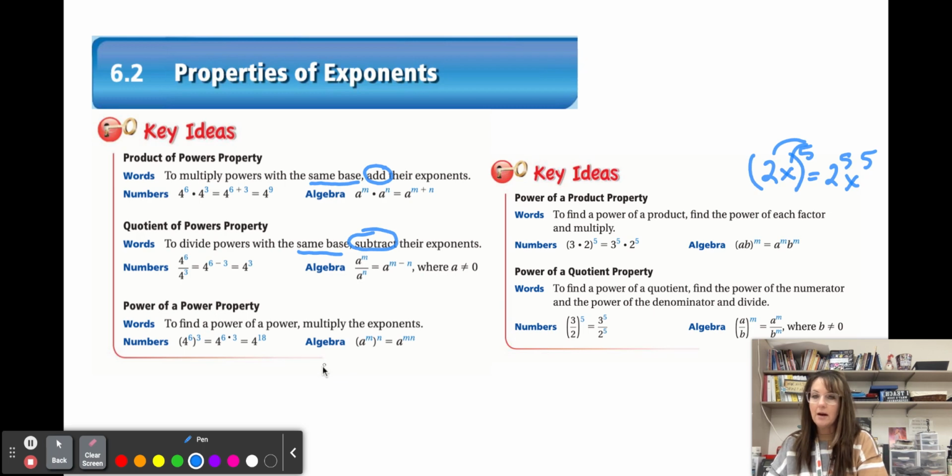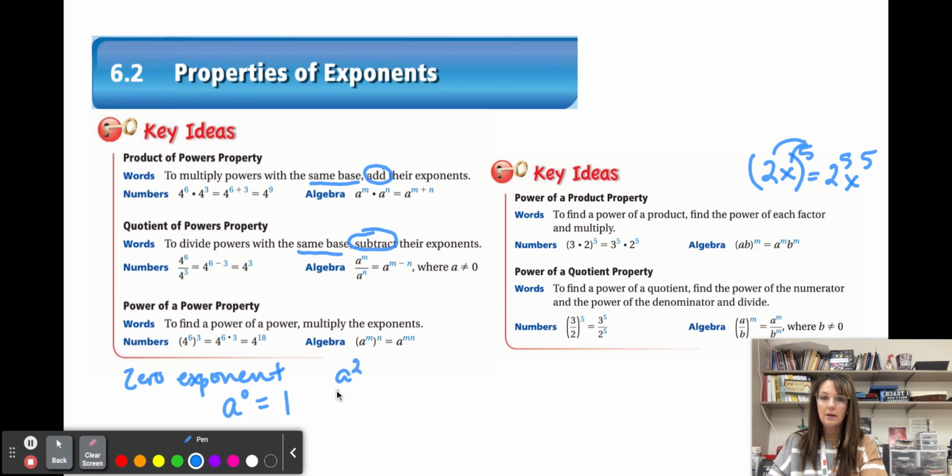One thing that I want to bring in and remind you of is the 0 exponent property. And if you can recall, a to the 0 equals 1. Why is that? Because if we took a squared over a squared, right?